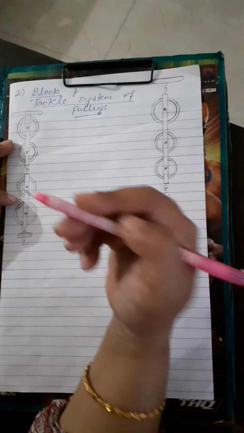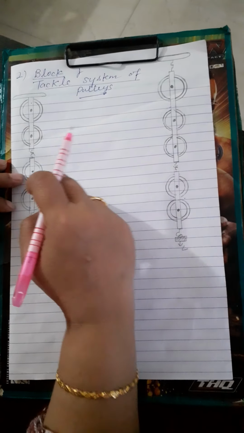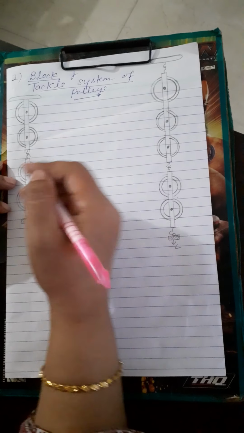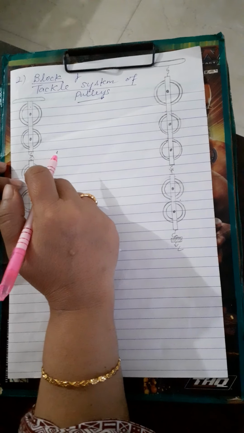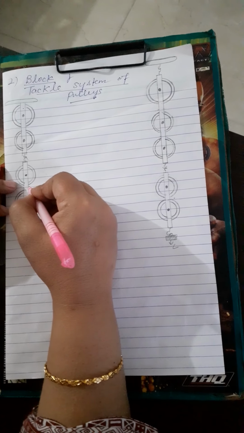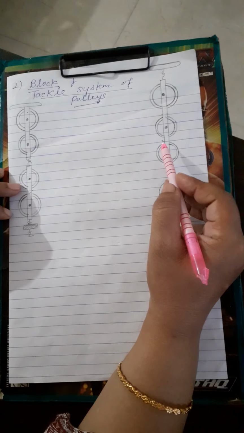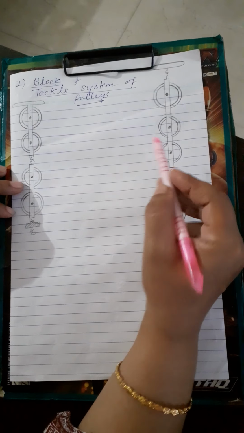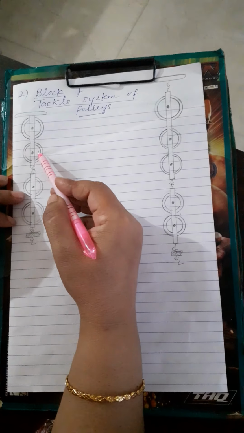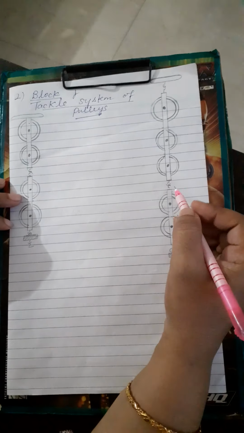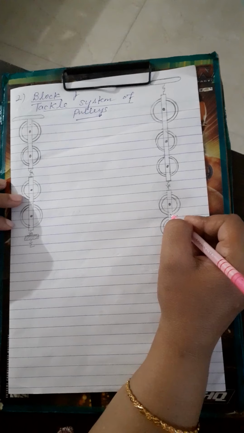Then always remember beta, there will be 2 cases, odd or even. Or you can say that in the lower block, the number of pulleys must be equal or 1 less than that of the upper block. In the lower block, the number of pulleys will be the same as that of the upper block, or 1 pulley less than the upper block.